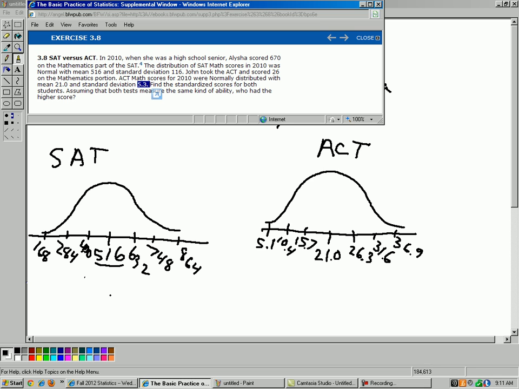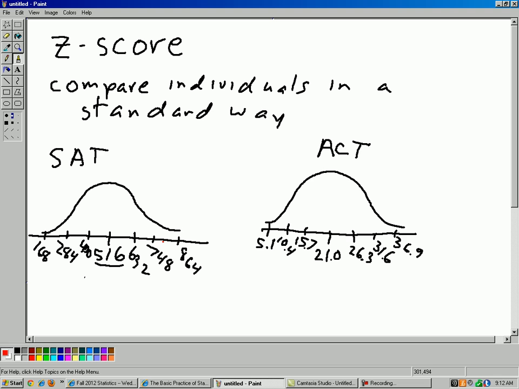Now let's take a look. Where does Alicia fall in this range right here? Alicia's score was 670. So 670 lies right about here. Let's use another color and mark Alicia's score.